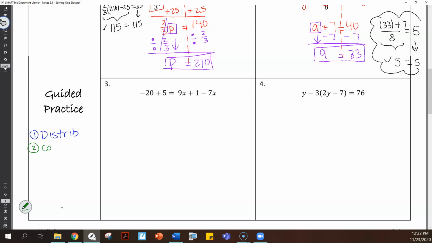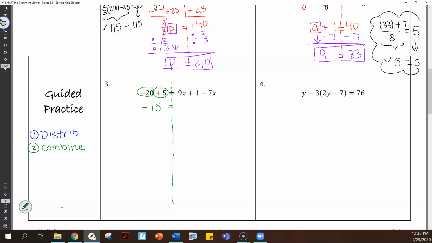Then I'm going to combine like terms that are on the same side of the equal sign. So here's my equal sign right here. On this side, I have negative 20 and 5. Both of those are constants, so I'm going to put those together. Negative 20 plus 5 equals negative 15.